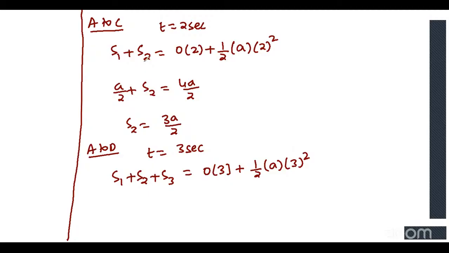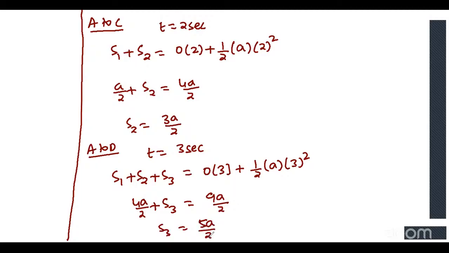S1 plus S2 is nothing but 4A by 2. So 4A by 2 plus S3 equal to 9A by 2. That means S3 is nothing but 5A by 2.